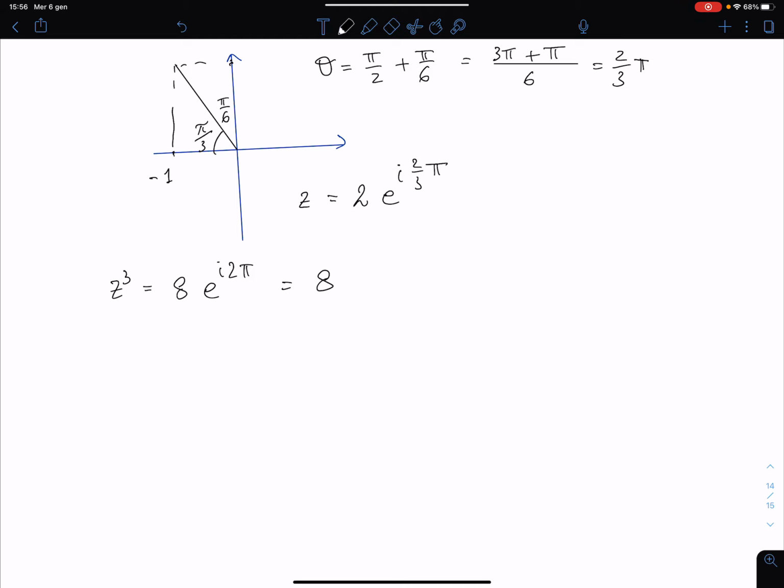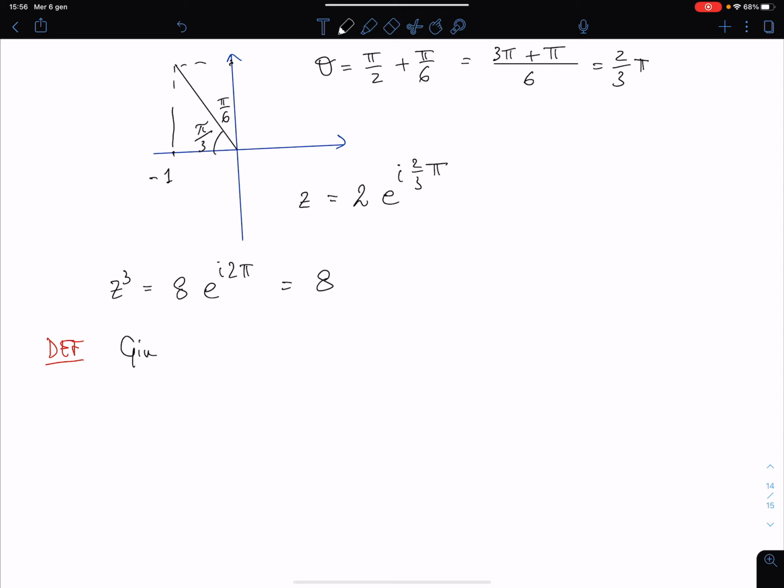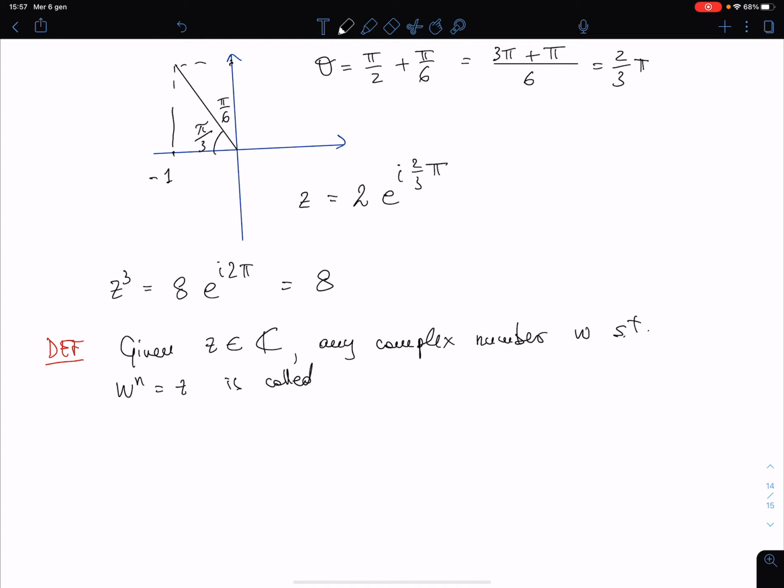So as a definition, given z a complex number, any complex number w such that w to the n is equal to z is called an n-th root of z.